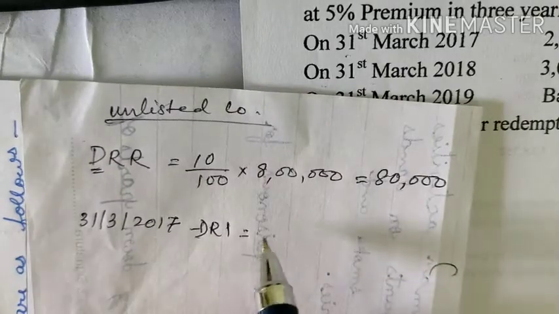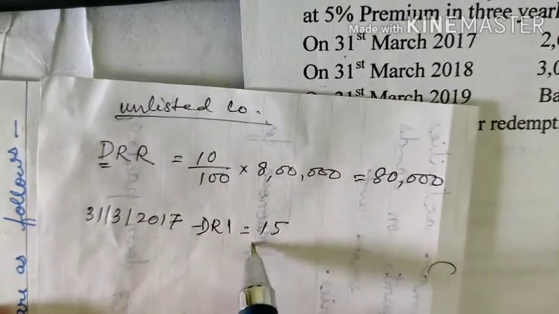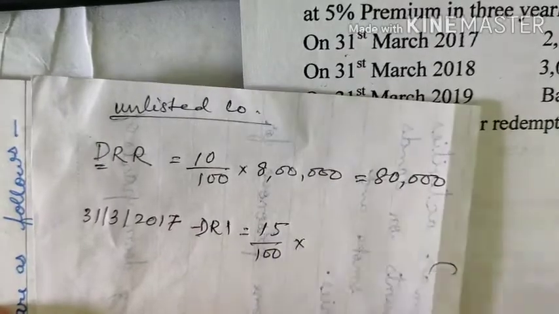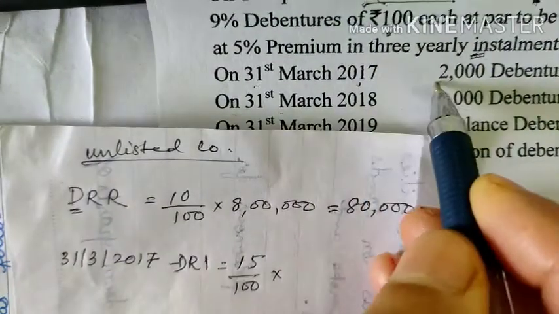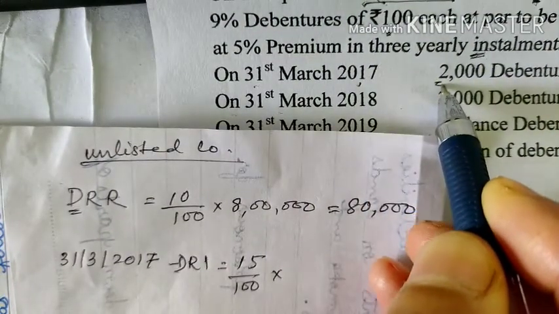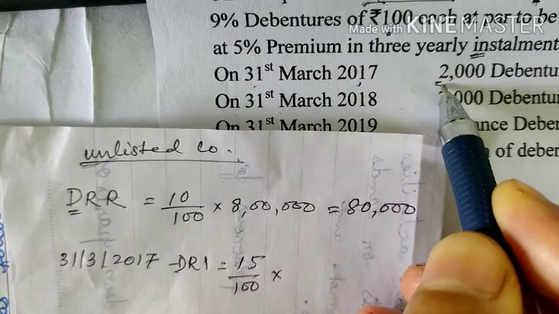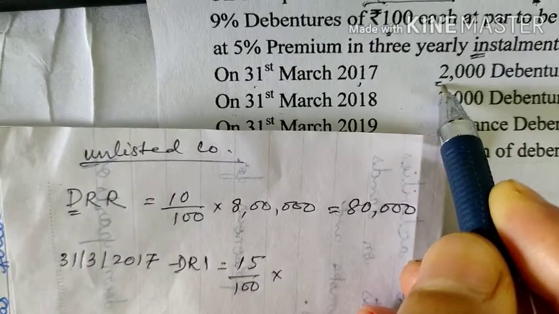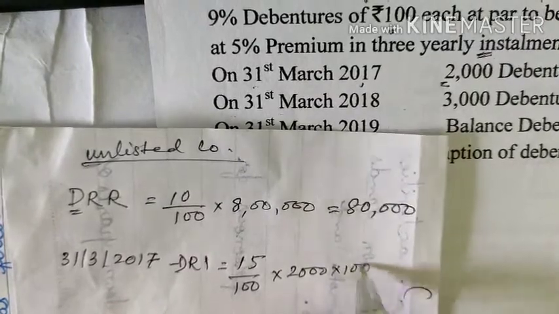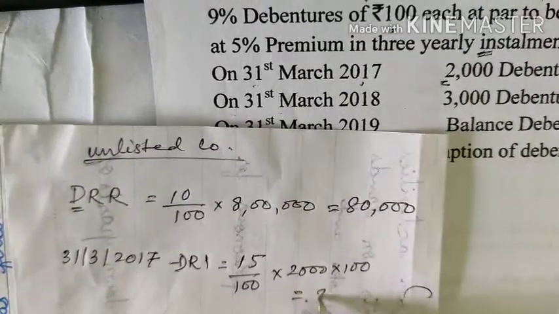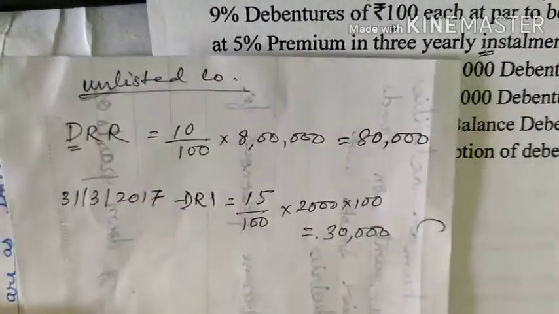Debenture redemption investment amount is at the rate of 15% of the redeemable value. So what is the value redeemed on 31st March 2017? It is 2,000 debentures. So you got to take the nominal value, which is 2,000 into 100, I think it is 2 lakhs. So we'll have 30,000 investment.